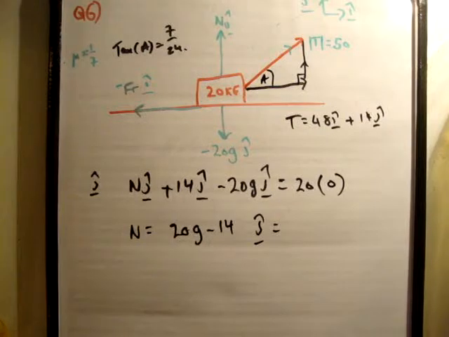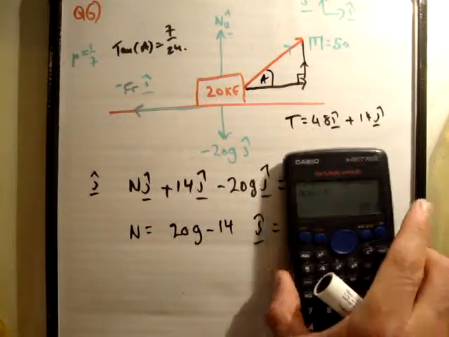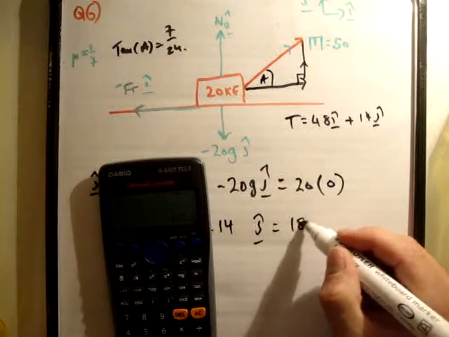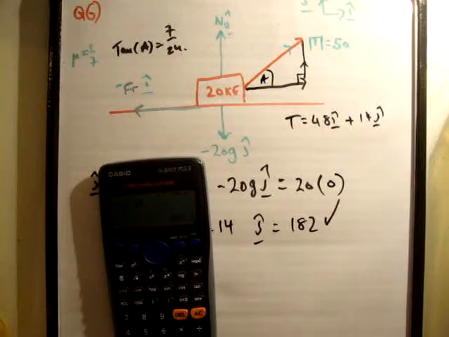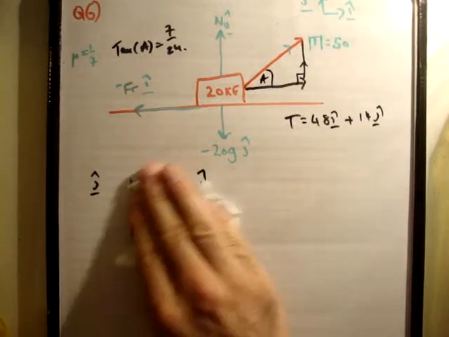So let's just find out what that answer is. 20 multiplied by 9.81 minus 14 gives an answer of 182 newtons, which is correct. That's equal to the normal force. All right. So we're doing pretty well so far.